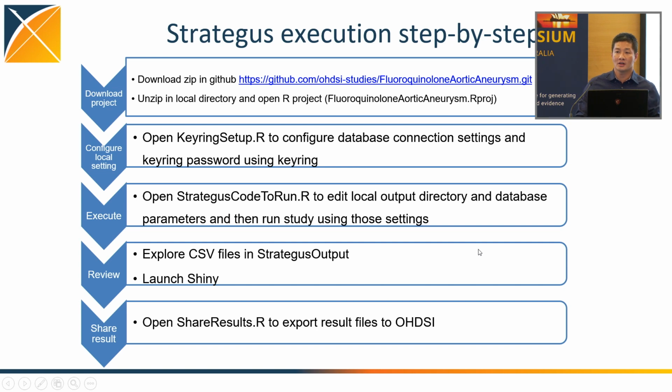So in summary, for the execution step by step, we need 5 steps: download the project, configure the local setting, then execute the Strategus code to run, and then we can review by ourselves, or share the result to the RDCs.